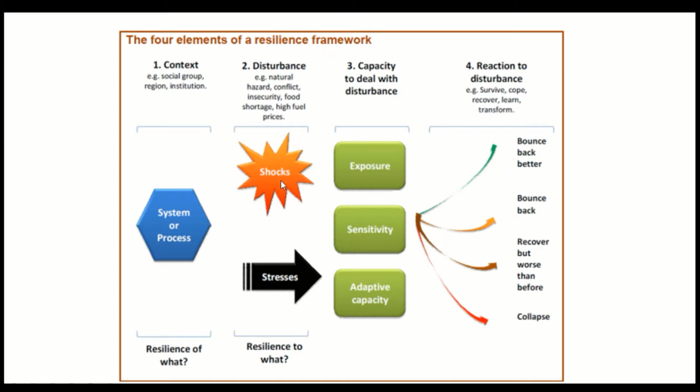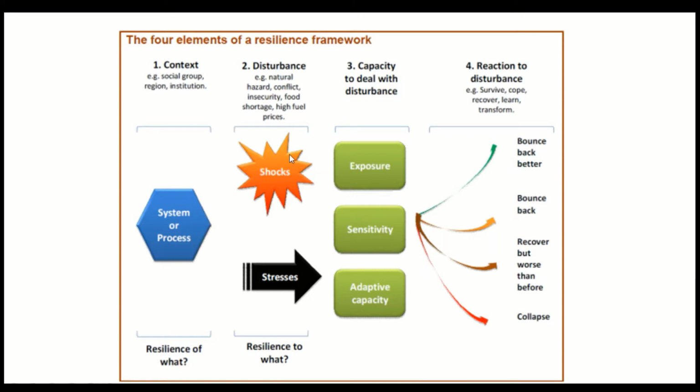Shocks are sudden events that impact the vulnerability of a system or a community. That is the shock. It is a sudden impact. While stresses are long-term events that have an impact on the vulnerability of a system.